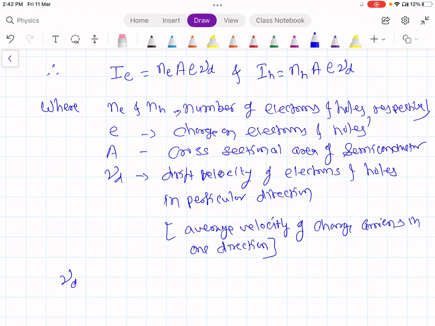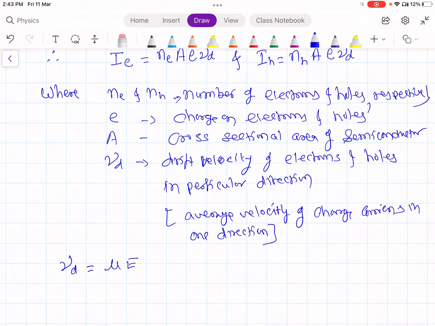So this Vd would be equal to mu into E, where mu is the mobility and E is the electric field.